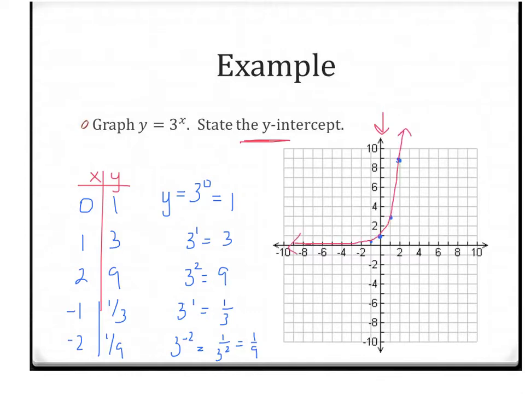But you could sit there all day long with your table and type in negative 3, negative 4, negative 5, negative 10 for your x's. Let me see if I can get the calculator to help me. I don't know all those off the top of my head.